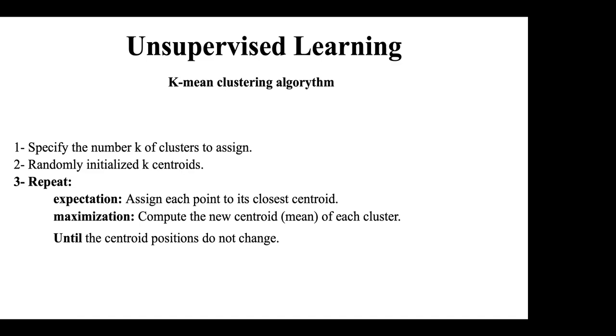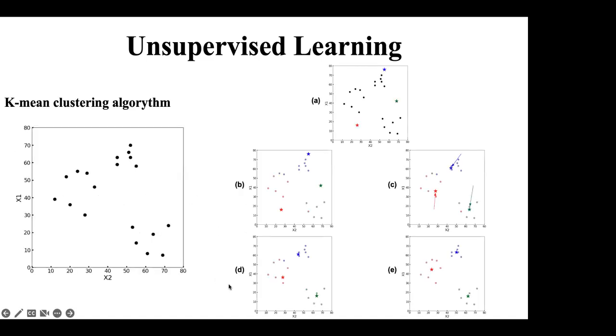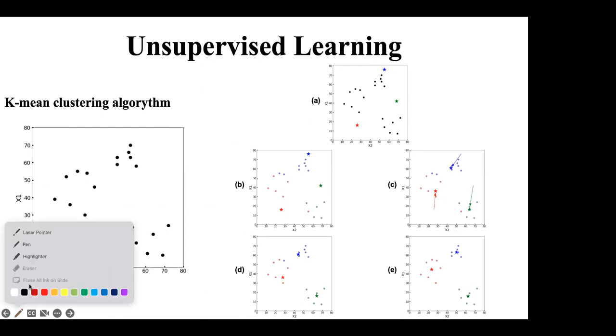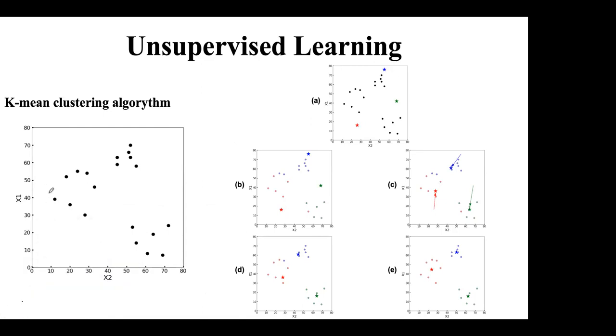For example, I will show you an example. Here, I imagine that I have 20 samples, 20 examples, and each example depends on 2 variables, x1 and x2.